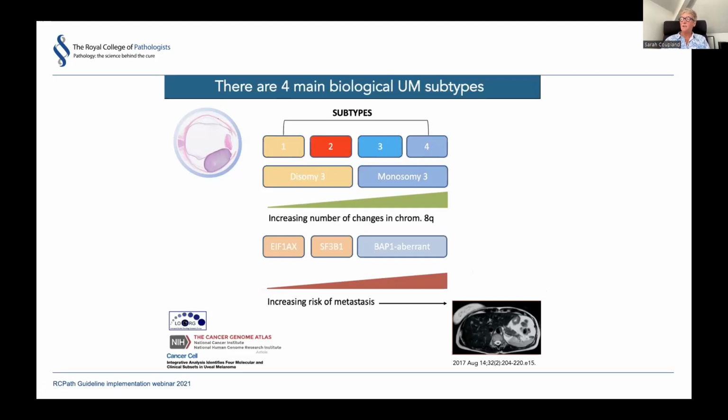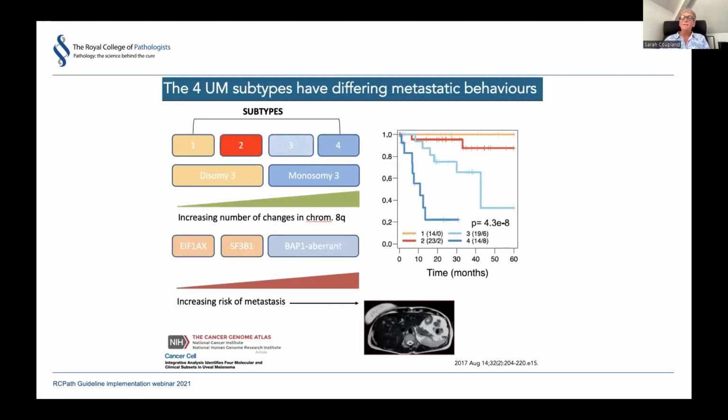At present, there aren't any effective treatments for metastatic disease. And the TCGA paper, which was published, as I mentioned, in 2017, examined 80 primary uveal melanomas, and you can see these subgroups have clinical significance in terms of outcomes of the patients.